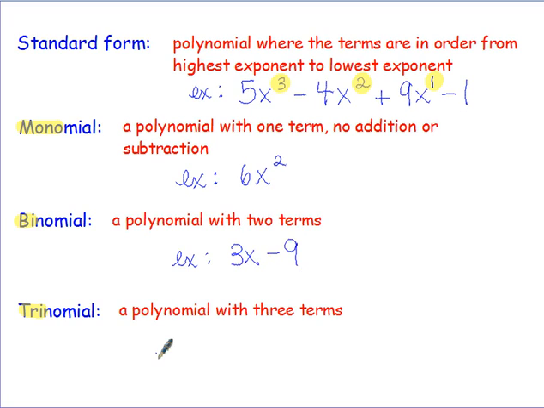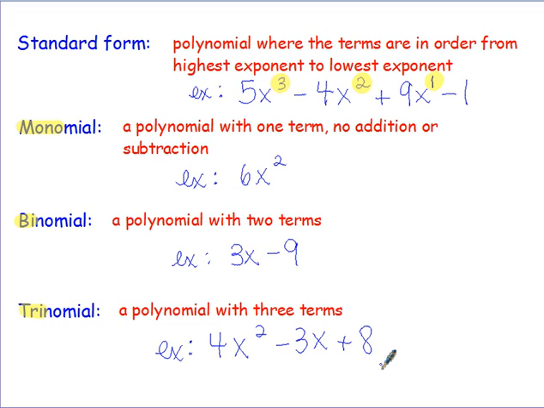Three terms, 4x squared minus 3x plus 8. 1, 2, 3 terms. And again, once we get more than 3, it becomes a polynomial, meaning many.